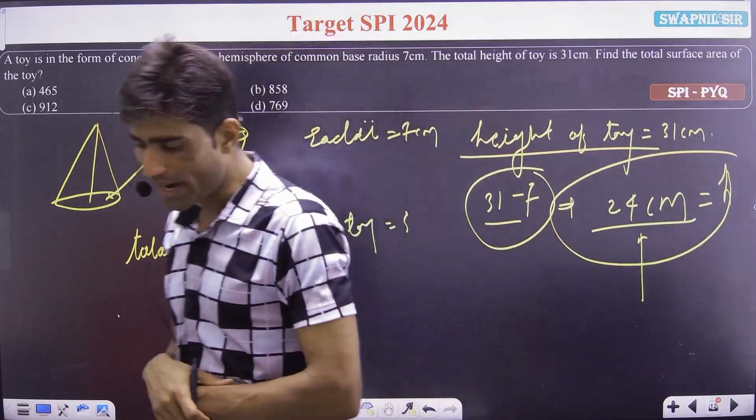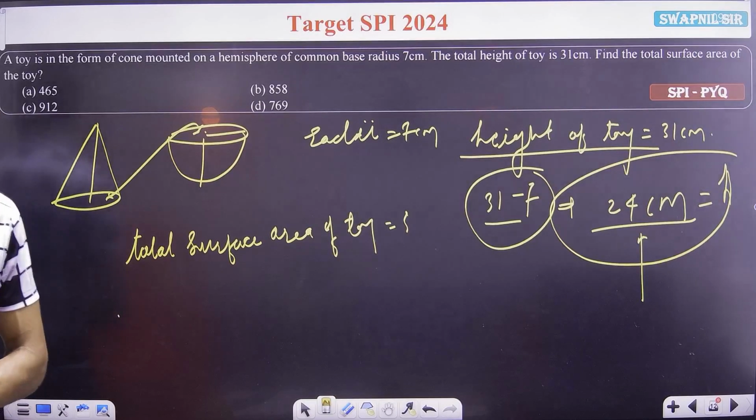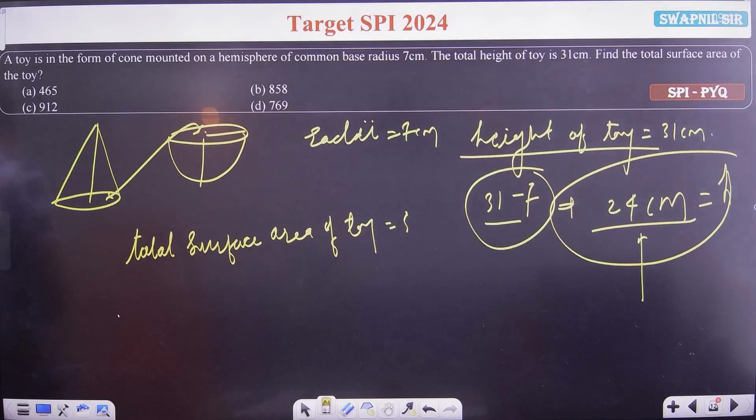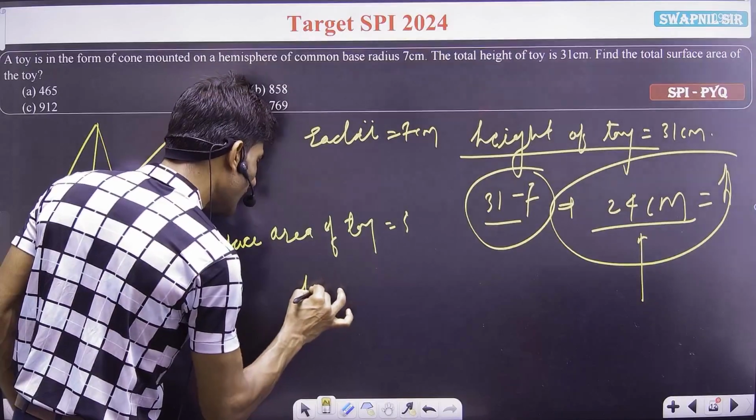Now we have the height and we have the radius. Now let me write the total surface area of our toy.